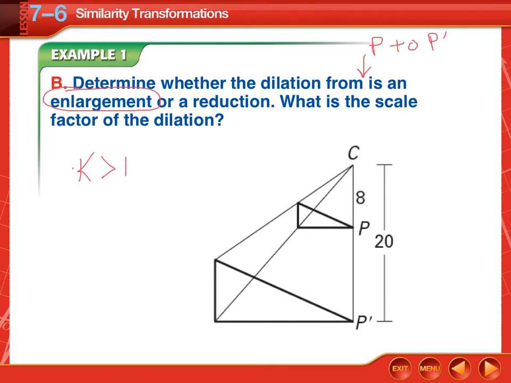We see that K is going to equal CP prime over CP, and CP prime is 20, and CP is 8, and we can simplify that if we wanted to, dividing both sides by 4, and our scale factor is 5/2 or 2.5.